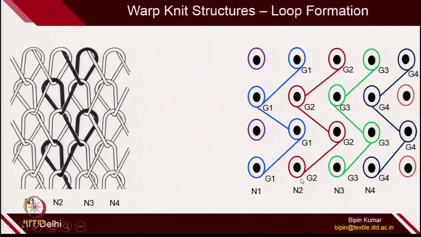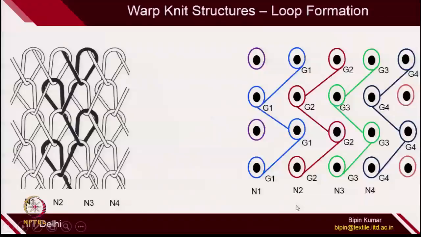In the first course G2 is giving yarn to N2, in the second course G1 is giving yarn to N2, in the third course G2 again, in the fourth course G1 again. So, first and third repeat, second and fourth repeat. Ideally speaking, not only does the guide shift position from one needle to the other, but the needle also receives different yarns from different guides in different courses.